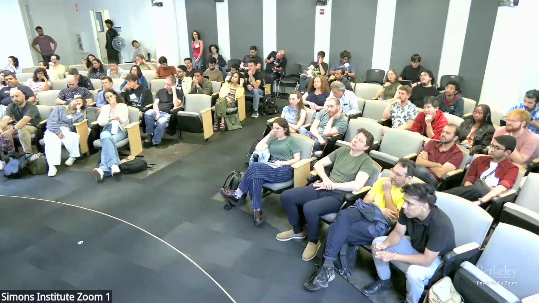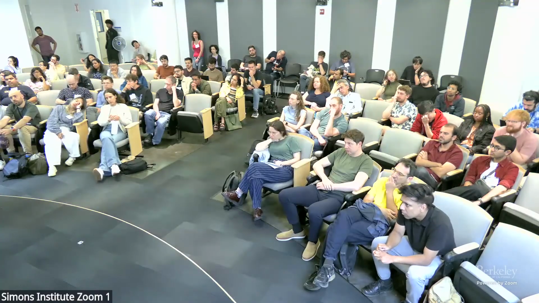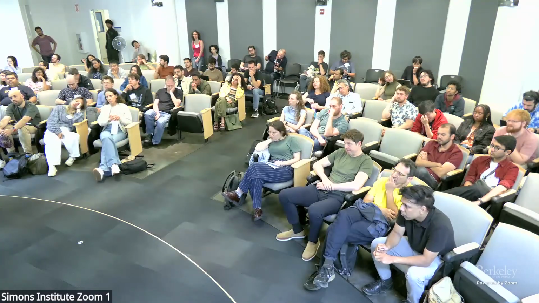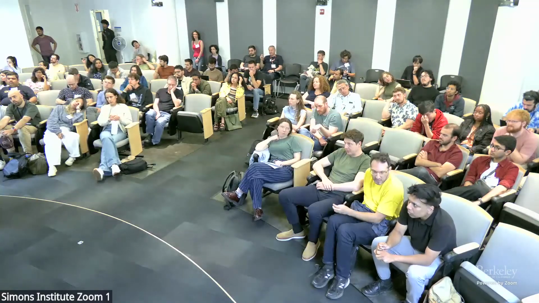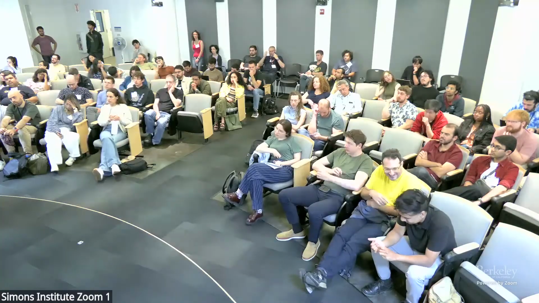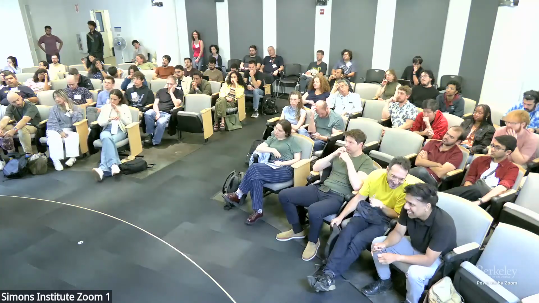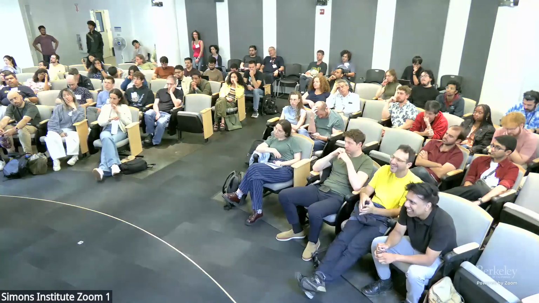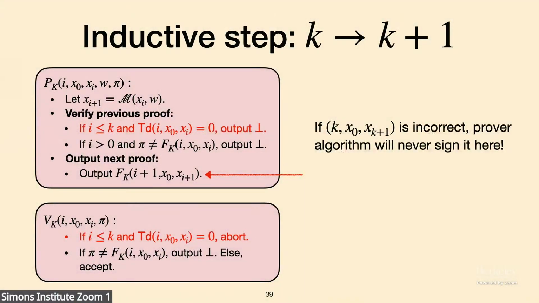So this is where it shows up when I would do this induction. I want to output the next one. Notice that this is what the programs look like at H_K, where I've removed all the proofs until K. The cool thing here is that if K plus 1, X0, XK plus 1 was wrong, the prover algorithm never reaches this line for that input.